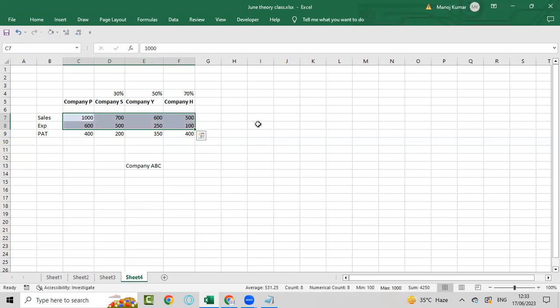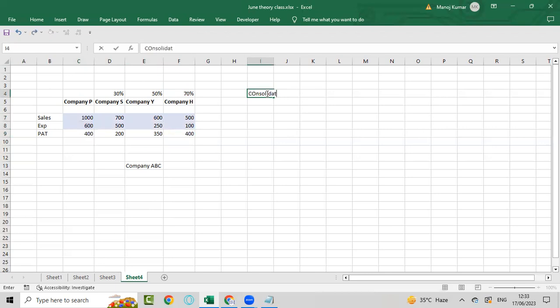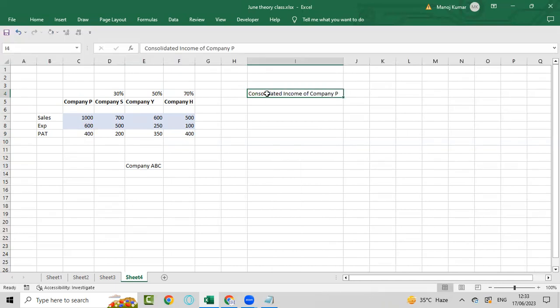Clear? We have to prepare one consolidated income statement of company P. Right now, in this case, I will be using equity method. Here, proportionate method.